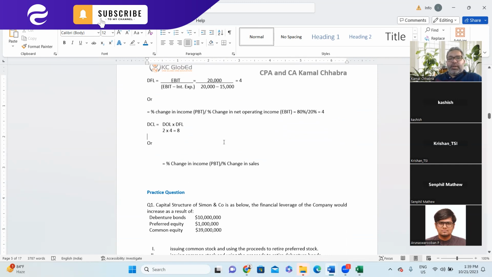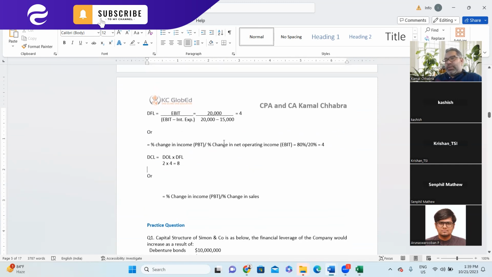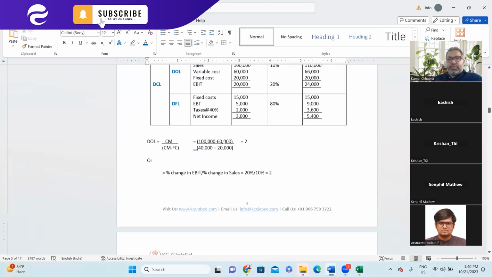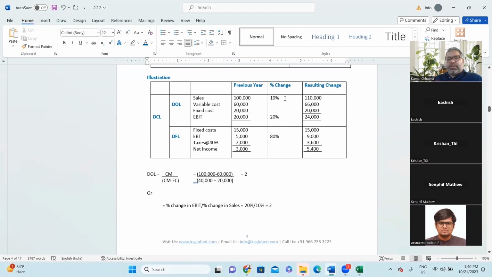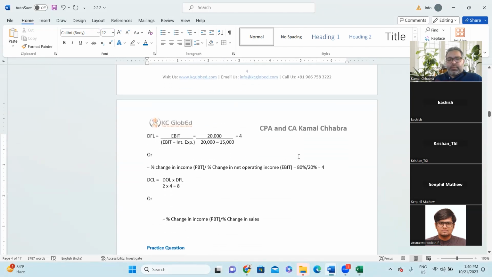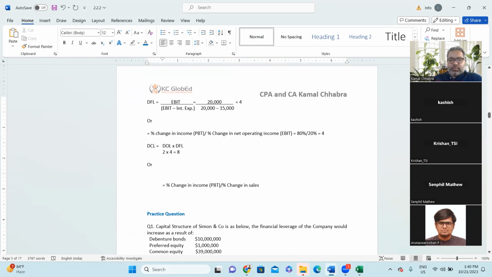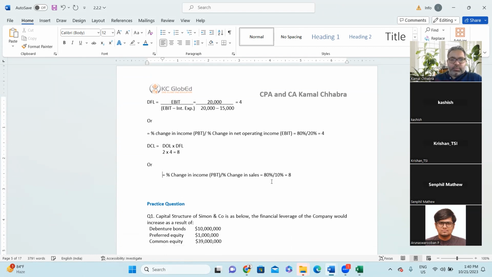So here we have calculated 2 into 4, 8 times. Otherwise, the change in income is 80%, and the change in sale is 10%. So 80% divided by 10% will give you 8 times. So in both the scenarios the answer remains 8 times, right?